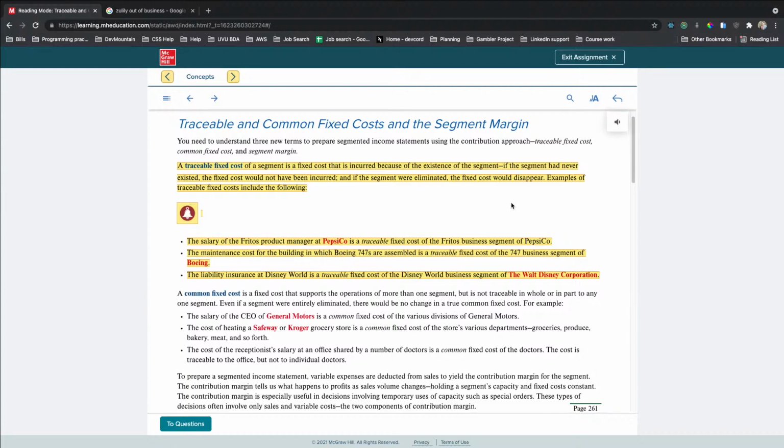A traceable fixed cost of a segment is a fixed cost that is incurred because of the existence of the segment. If the segment had never existed, the fixed cost would not have been incurred. And if the segment were eliminated, the fixed cost would disappear. Examples of traceable fixed costs include the following.